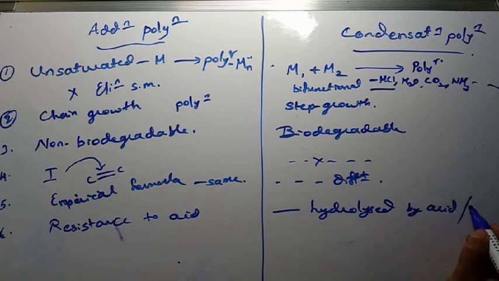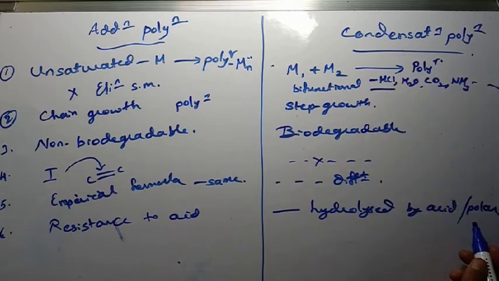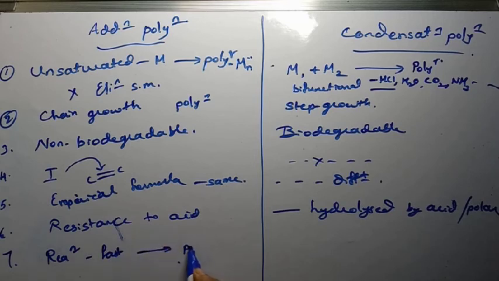So usually these condensation polymers are polar in nature. Here the polymerization reaction is fast and the polymer is given at once, but here it is a slow process.